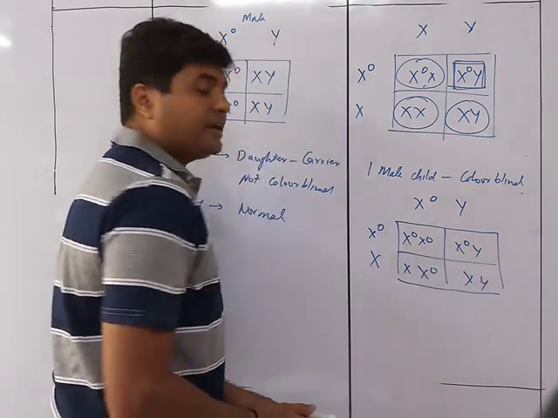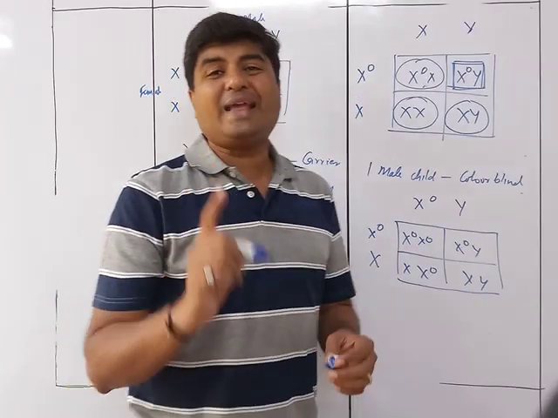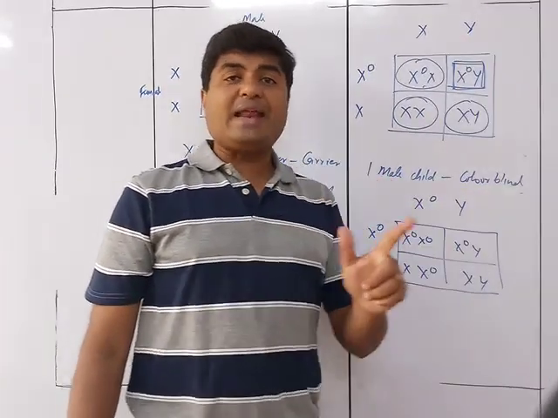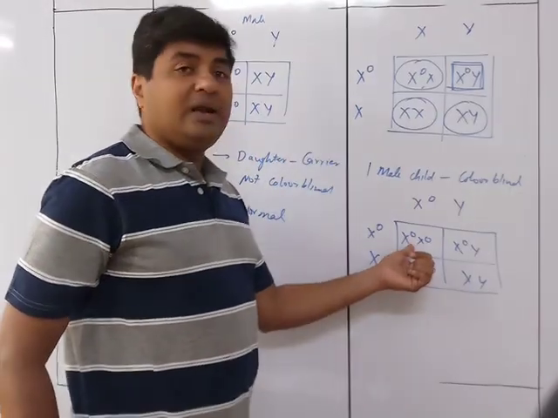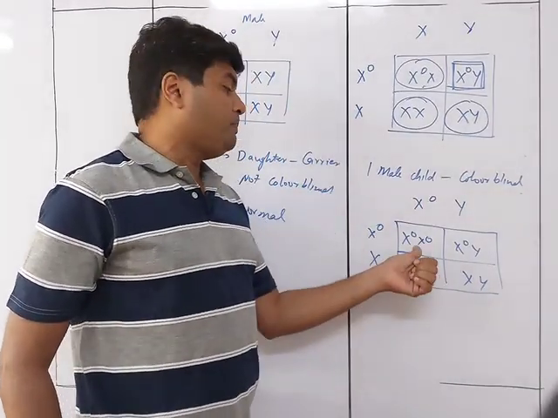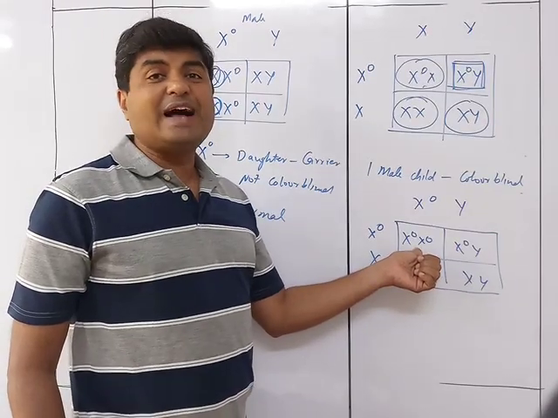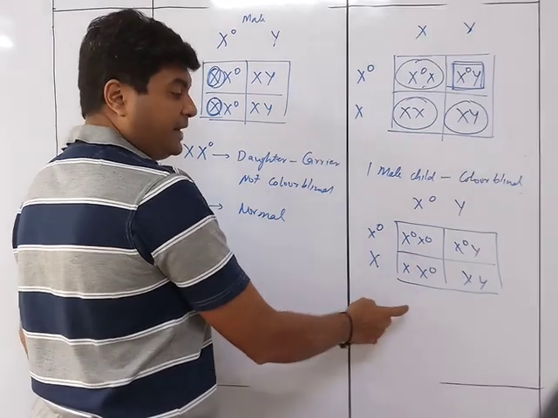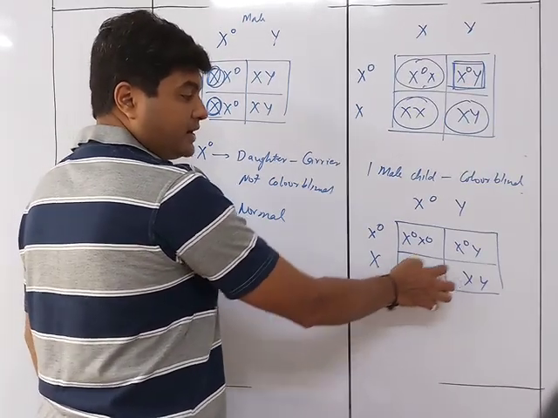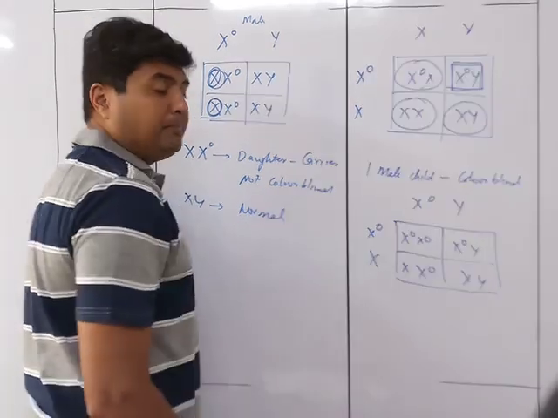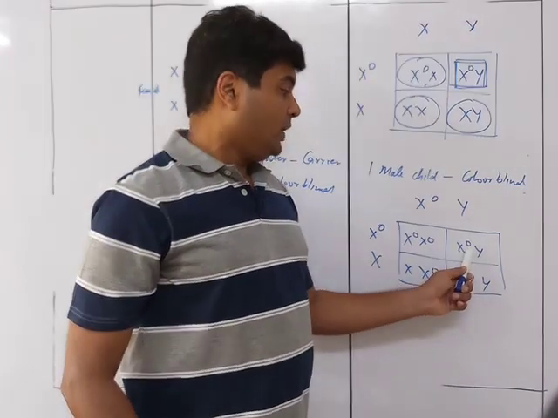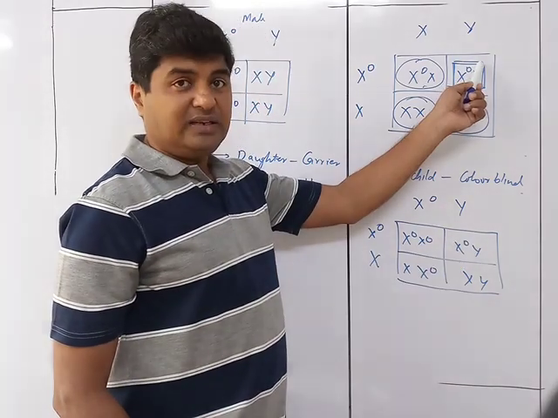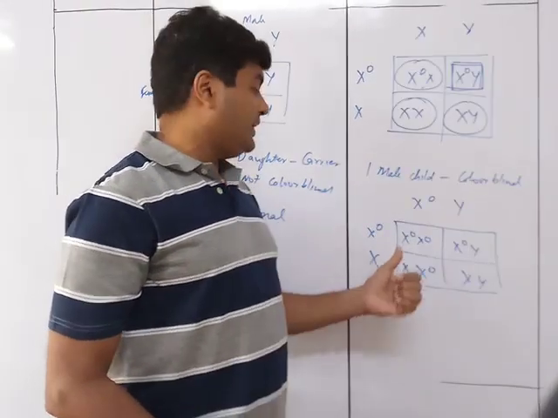So this is the only case, where the father is colorblind and the mother is a carrier of colorblindness, that there could be a female who is colorblind. So the chances of a female being colorblind in all these options was only one small thing. But in this case, she is just a carrier and this boy can be colorblind over here. So the possibility of a boy being colorblind could be in this case as well as this case, whereas the girl being colorblind is only in this case.